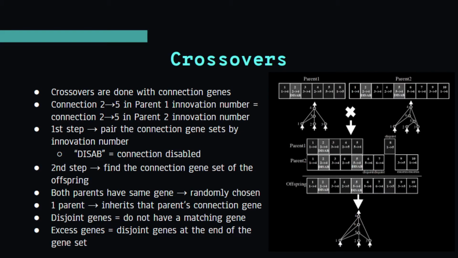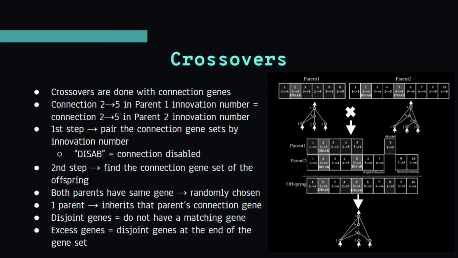The second step is to find the connection gene set of the offspring. So we want to find out what the offspring between these 2 parents is. Let's say both parents have the same gene.